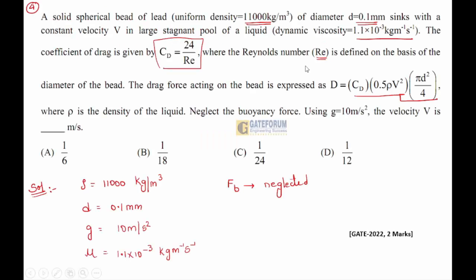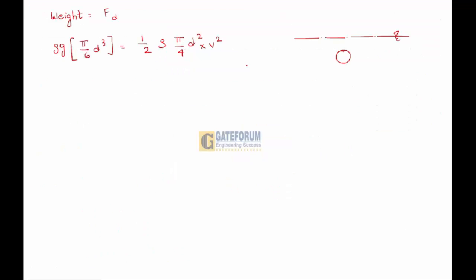There will be the weight force, and for equilibrium condition what I'll write is weight force is equal to drag force, that is weight rho g into volume pi by 6 d cube is equal to drag, he has given 1 by 2 rho pi by 4 d square into v square. What is the value of CD? 24 by RE.